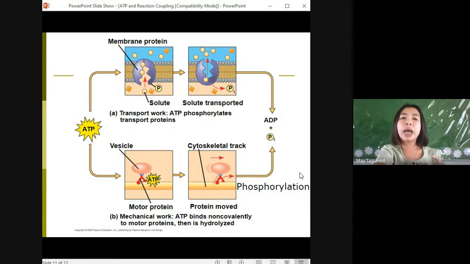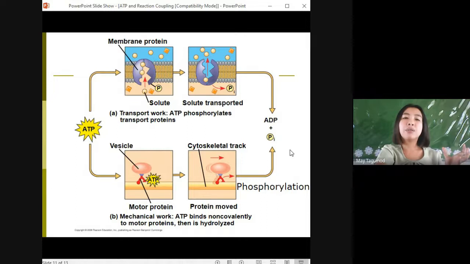ATP drives endergonic reactions by phosphorylation, the transferring of a phosphate group to some other molecule, such as a reactant. The recipient molecule is now phosphorylated.